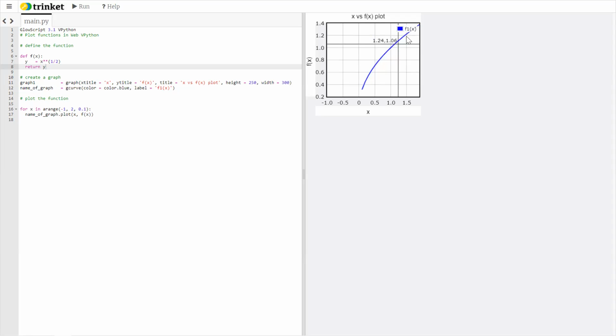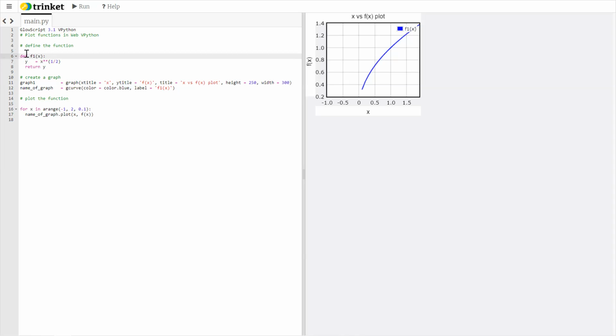So now you have the function given by this plot. Let's say this is F1. Then you again define another function.